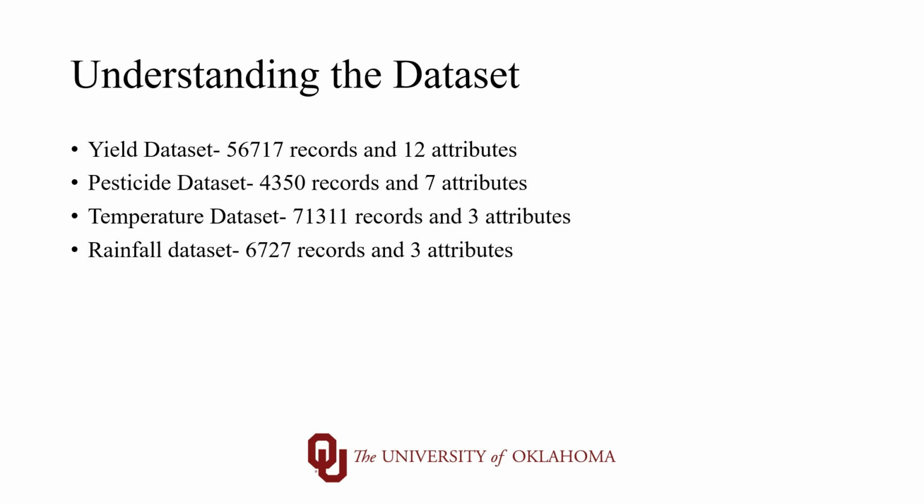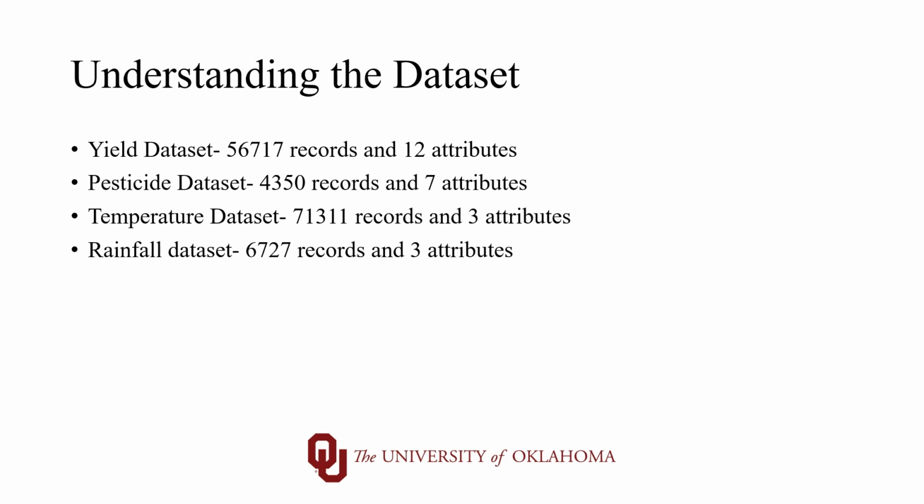The temperature dataset has 71311 records and 3 attributes, and all 3 attributes, the year, area, and average temperature, are retained. The rainfall dataset has 6727 records and 3 attributes, and all 3 attributes are retained, that is area, year, and average rainfall.